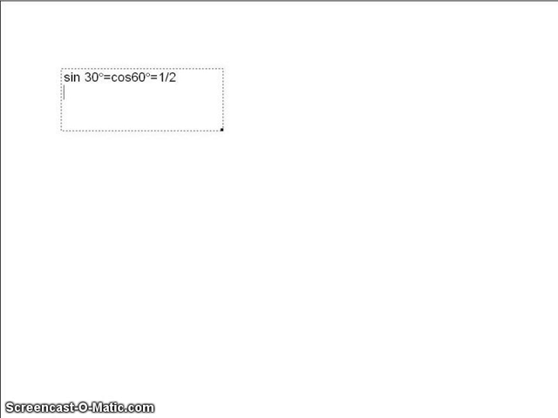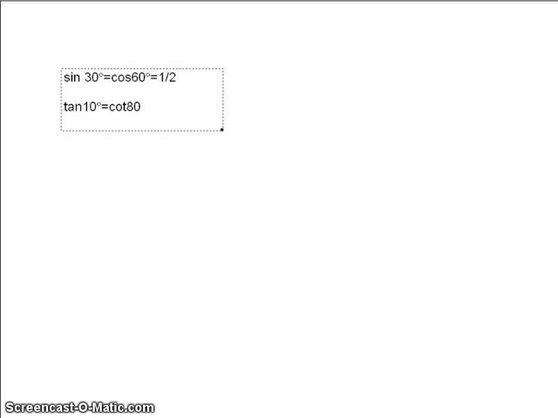Let's take another cofunction, the tangent of 10 degrees, for example. The tangent of 10 degrees would equal the cotangent, the complementary function. Ask yourself, what's the angle you need to get up to 90 degrees? Well, 90 minus 10 is 80.